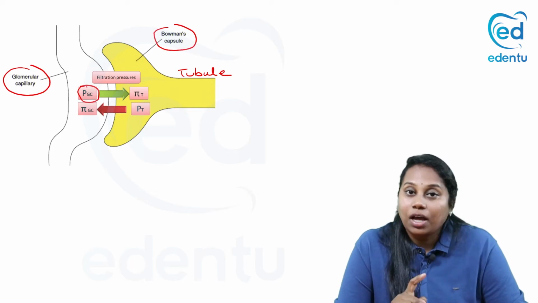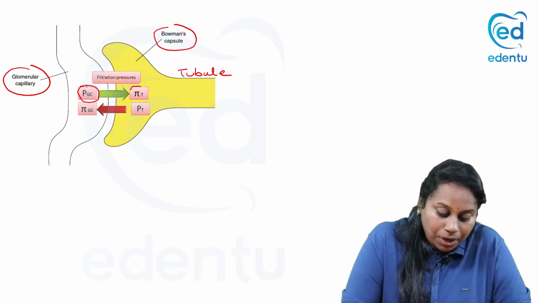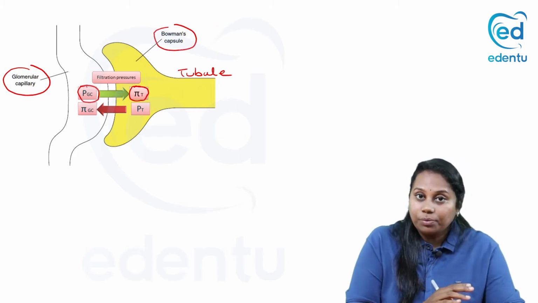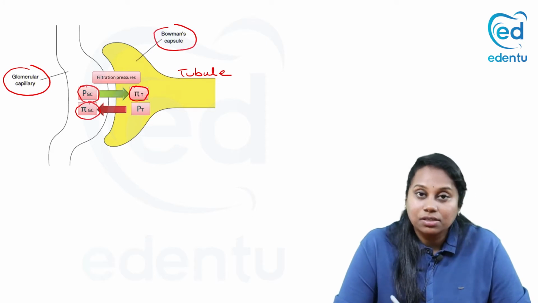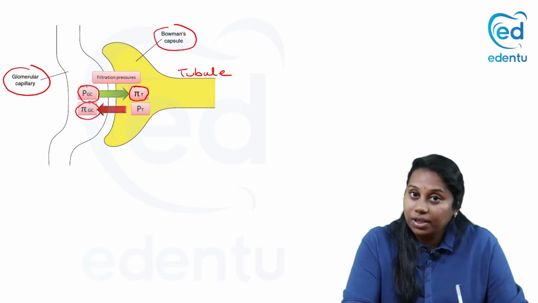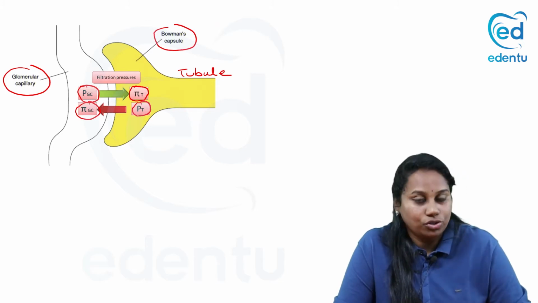PGC means hydrostatic pressure on the glomerular capillary side, that is GC. Pi T means oncotic pressure on the tubular side. Pi GC means oncotic pressure on the glomerular capillary side. PT means hydrostatic pressure on the tubule.